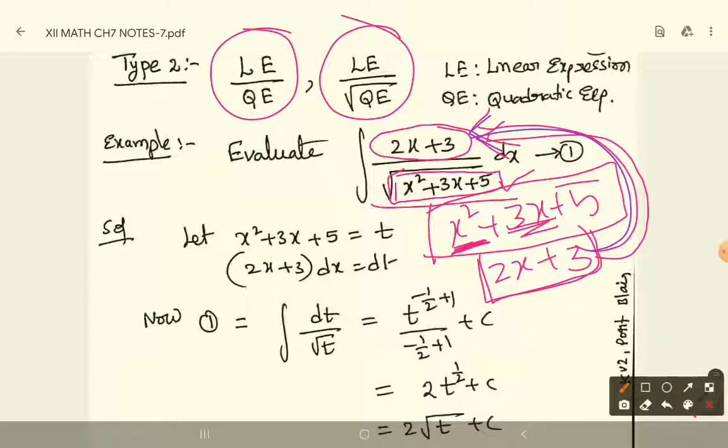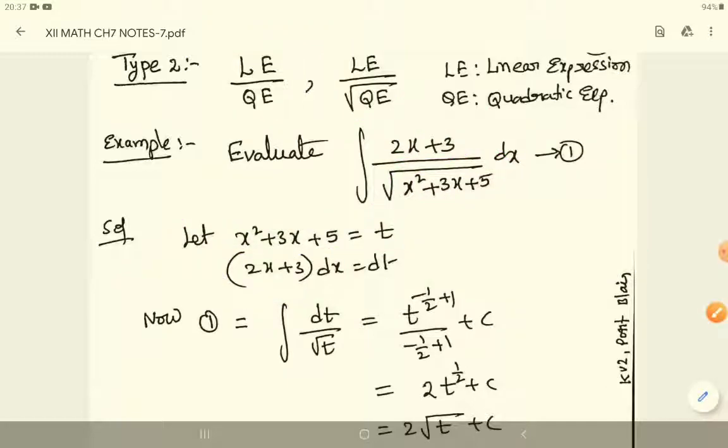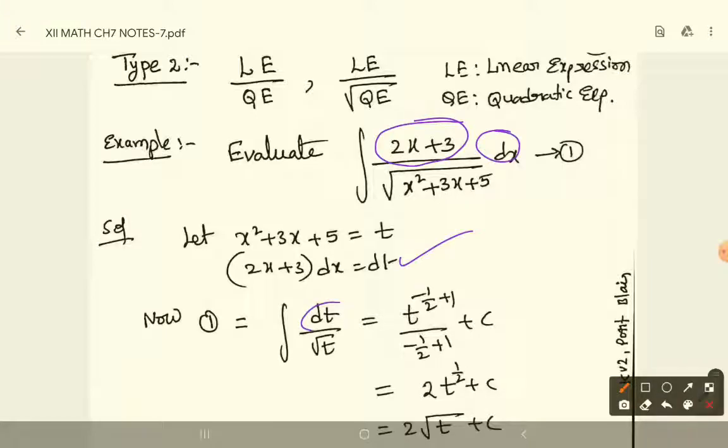So when it is there like this, immediately take the denominator as t. x square plus 3x plus 5 is equal to t. So the derivative is (2x plus 3) dx is equal to dt, because substitution method is going to happen. This gives dt by root t, because I took the quadratic as t.